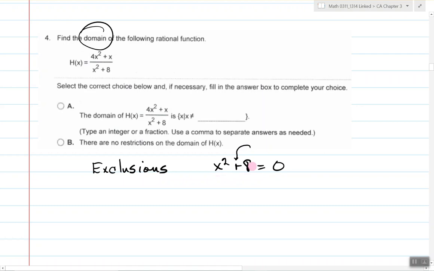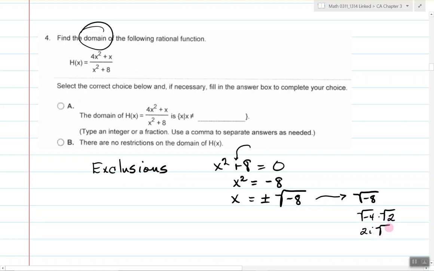Let's suppose that you left the idea of factoring and you said, well, I'm going to try the square root property. X squared is equal to -8, which means x is equal to plus or minus the square root of -8. The square root of -8 simplifies to the square root of -4 times the square root of 2, or 2i square root of 2. X is equal to plus or minus 2i square root of 2.